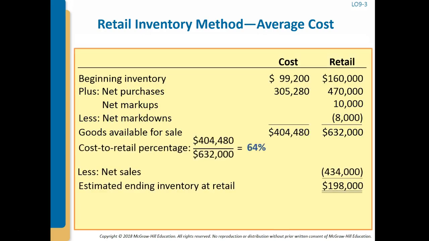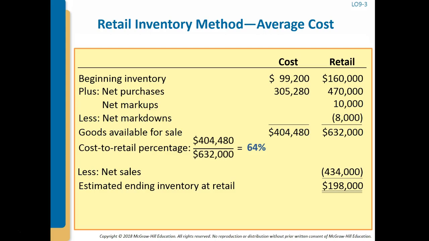Recall that the average cost method assumes that cost of goods sold and ending inventory each consist of a mixture of all the goods available for sale. So when we use the retail method to approximate average cost, the cost to retail percentage should be based on the weighted averages of the costs and retail amounts for all goods available for sale.